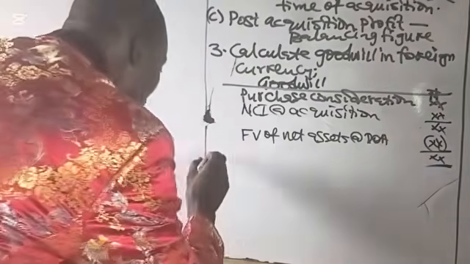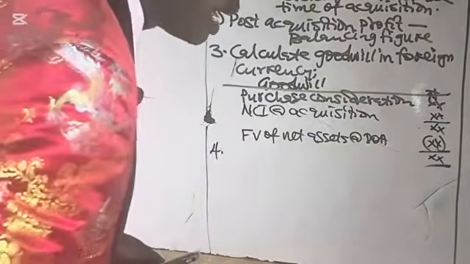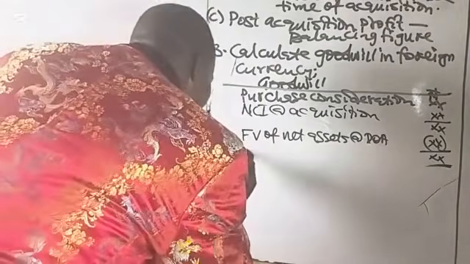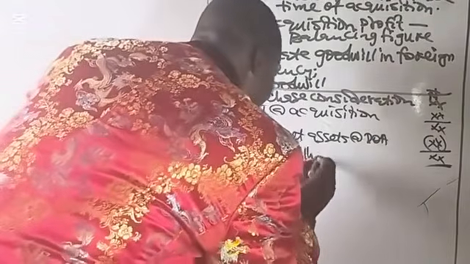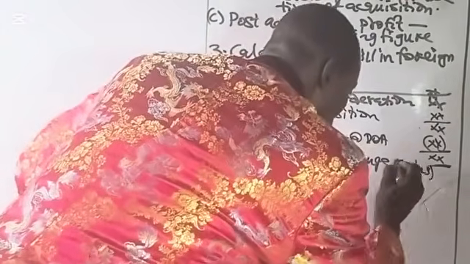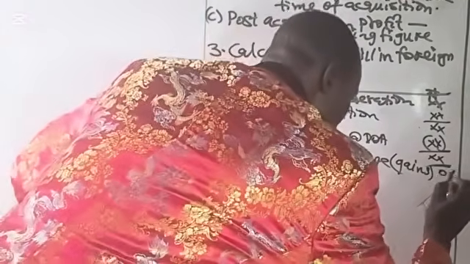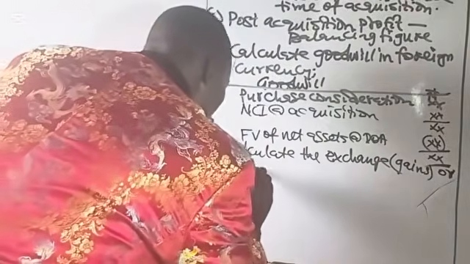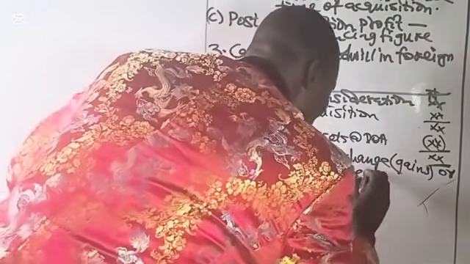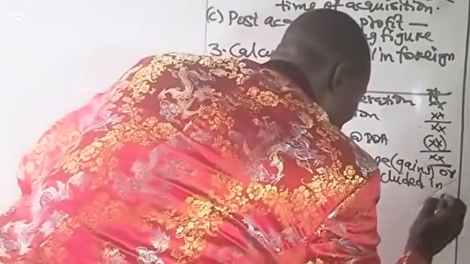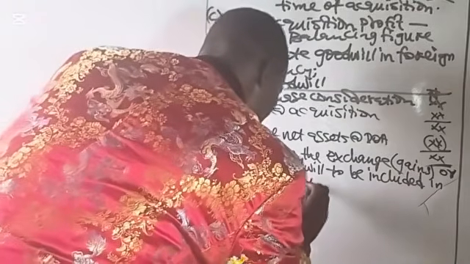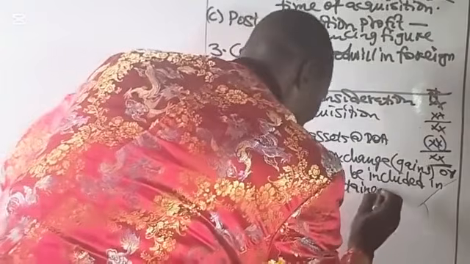Then step number 4 is to calculate the exchange gains or loss on goodwill to be included in the consolidated retained earnings.